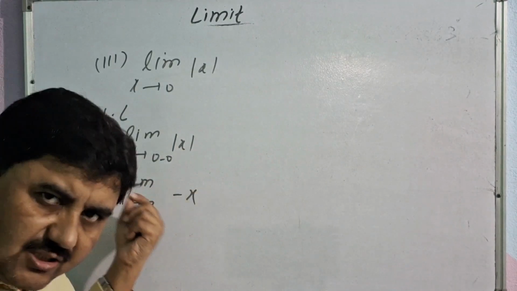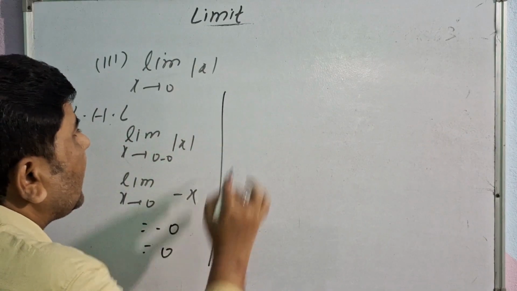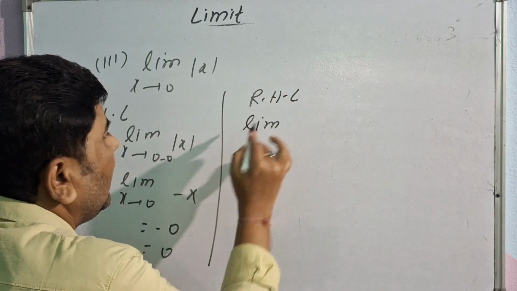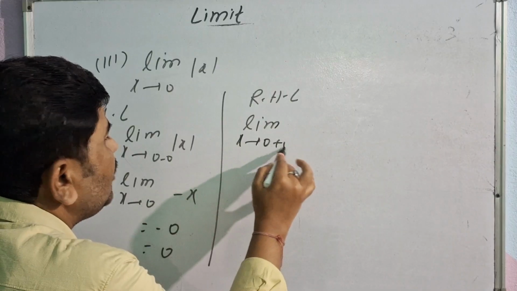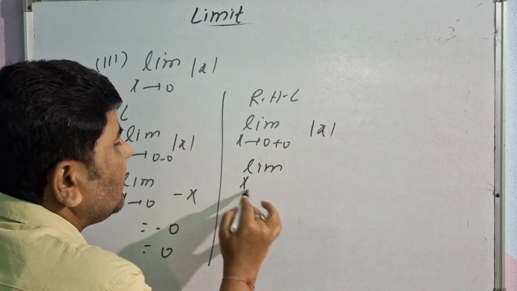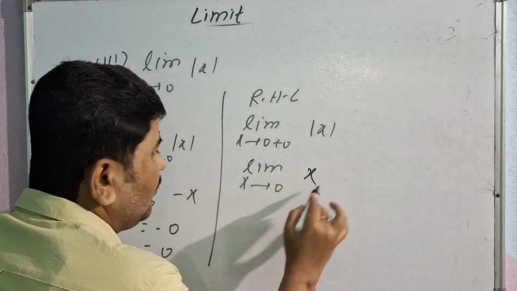When x is less than 0, it is minus 0, that is equal to 0. RHL, right hand limit, x tends to 0 plus 0 of |x|. When x is greater than 0, the value of |x| is plus x, and is equal to 0.